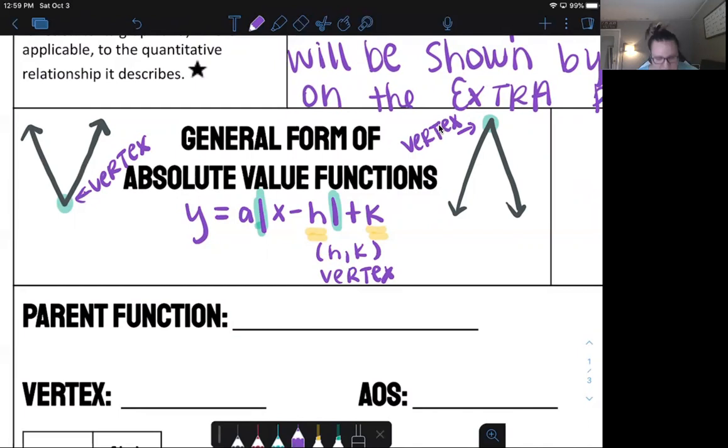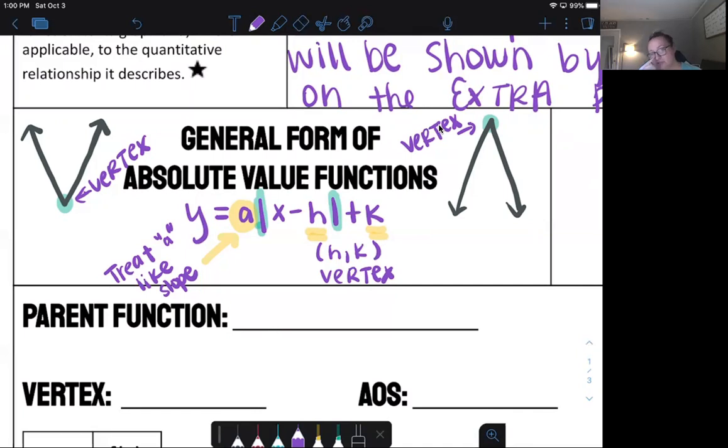All right. Then the other important thing that this equation gives us is a. And we're going to treat a like slope. And we'll get into that a whole lot more towards the end of this lesson when we graph absolute value functions by just looking at the equation. So we'll talk more about that a little later.